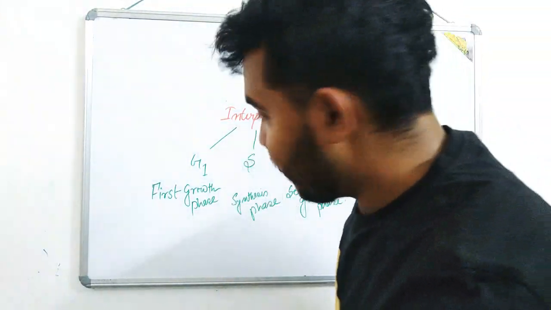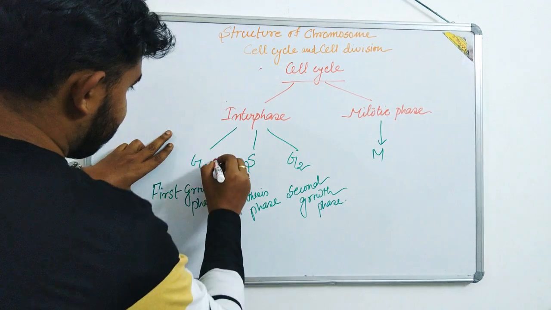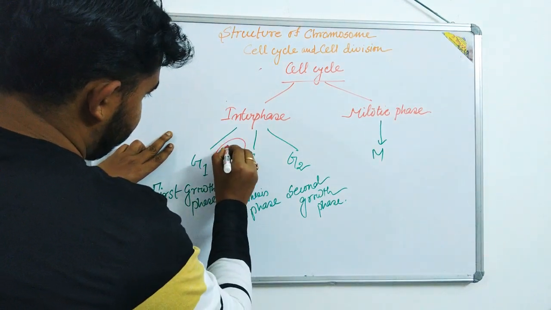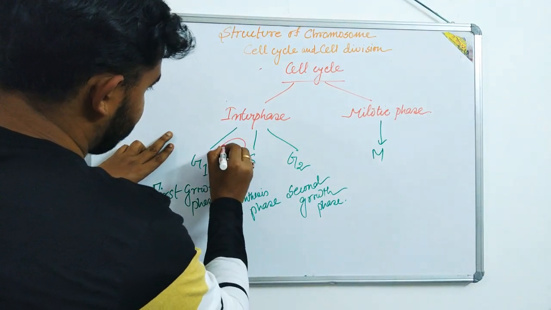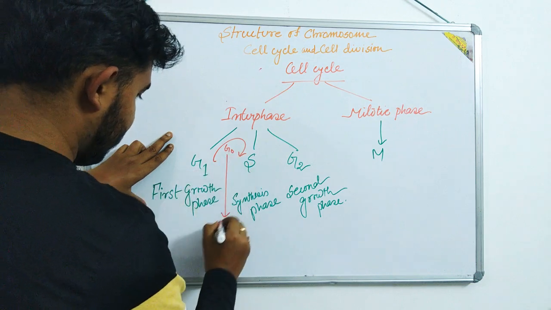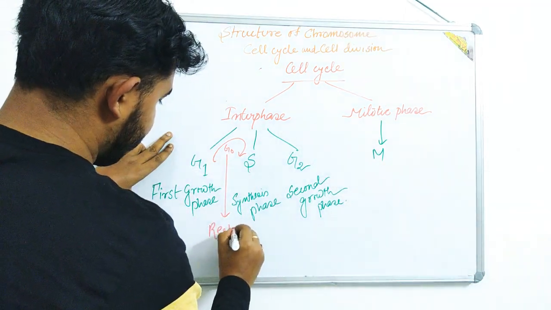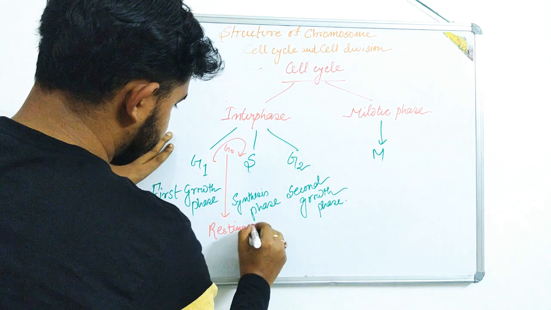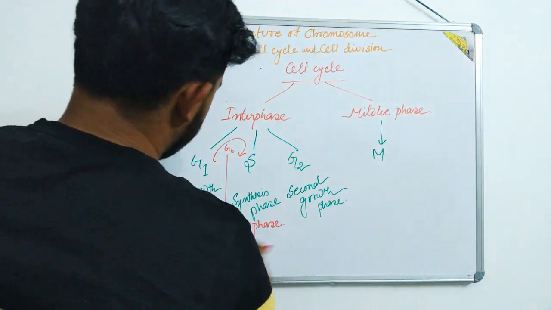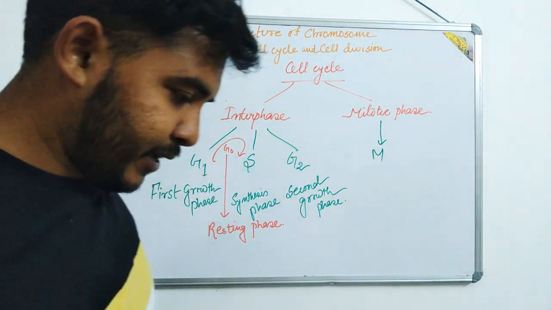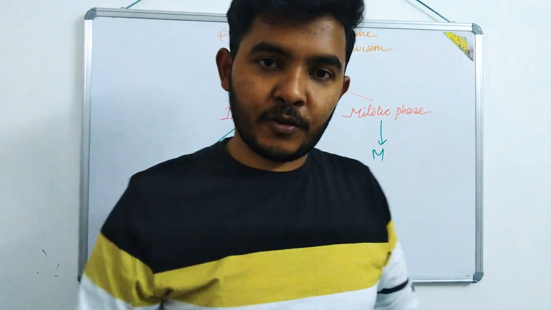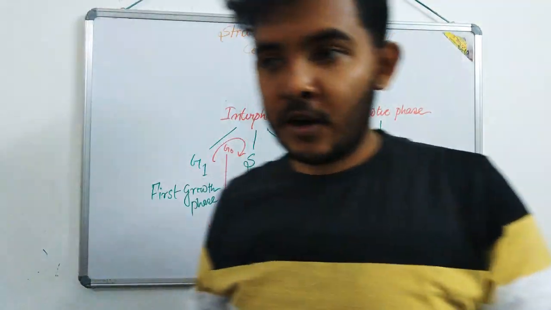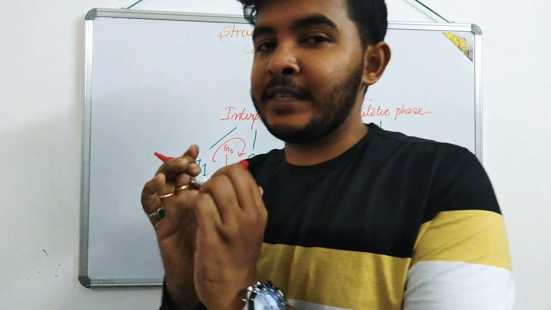And let me tell you one thing: in between G1 and S, there comes one phase we call G0. What is G0? It is a resting phase. After G1, after the growth, the cell can decide whether to go for the synthesis or not. DNA is the most precious thing.